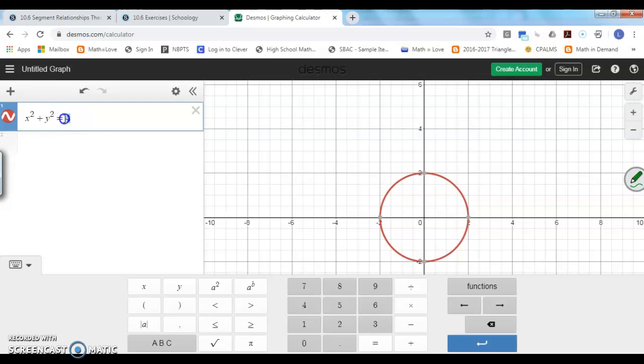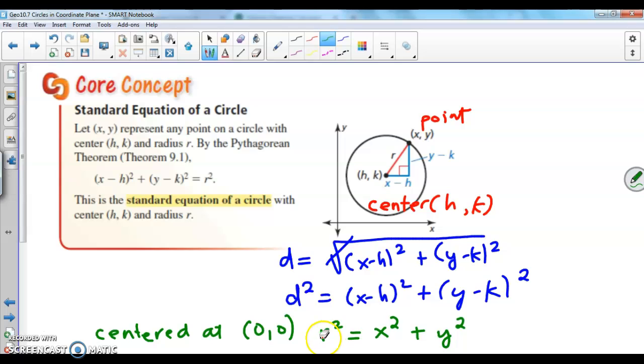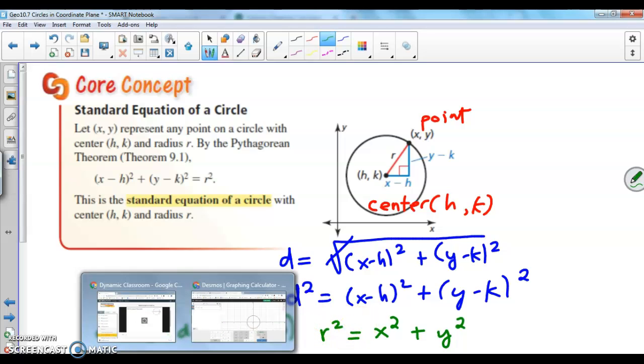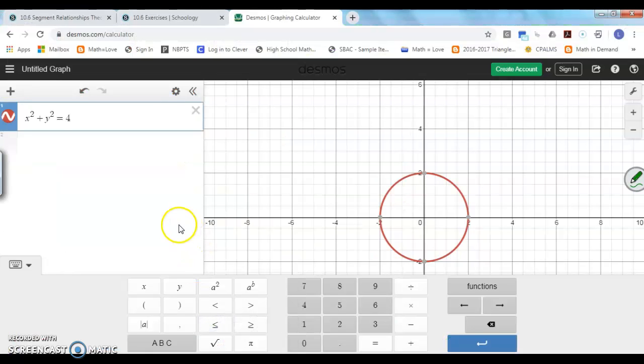But it doesn't mean that the radius is 4, because in the formula it said r squared, so the radius is the square root of that. I'm emphasizing that because there's a lot of misconception regarding the constant in the equation. So the radius is not 4, instead get the square root, so 2.